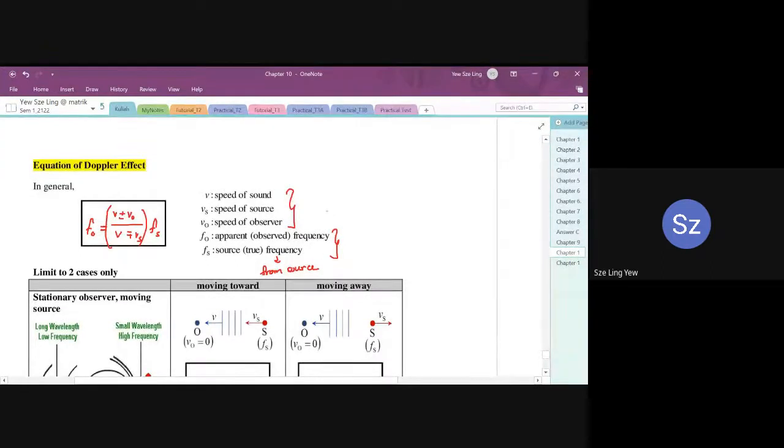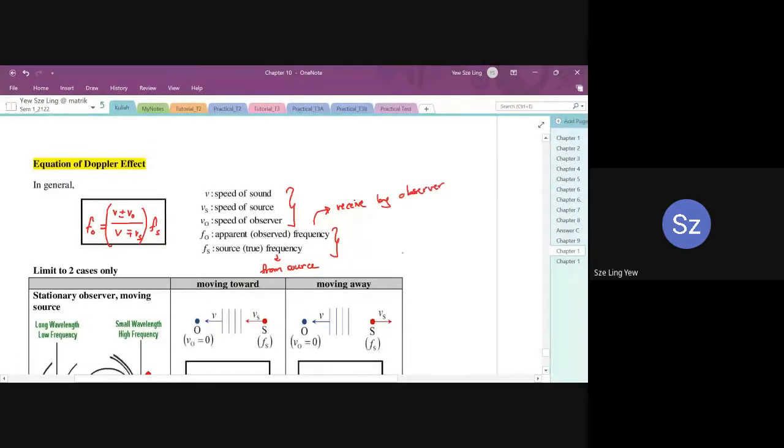And then f_o is the frequency received by the observer, most probably you. You are the one that listens to the sound emitted by the siren. So you are the observer. The one that you hear is the observed frequency, or apparent frequency.